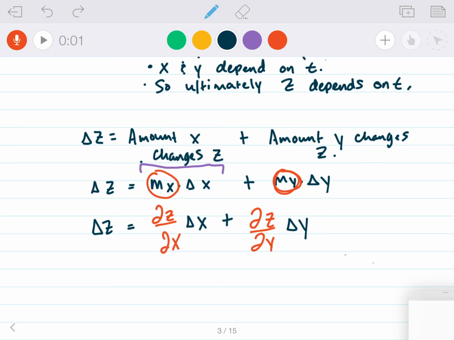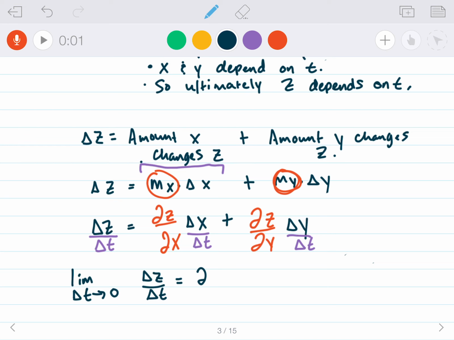Now what I'm going to do is divide both sides by the change in t. And at this point I'm going to take the limit as delta t goes to 0 of both sides.